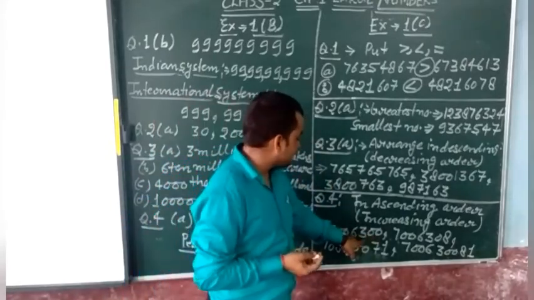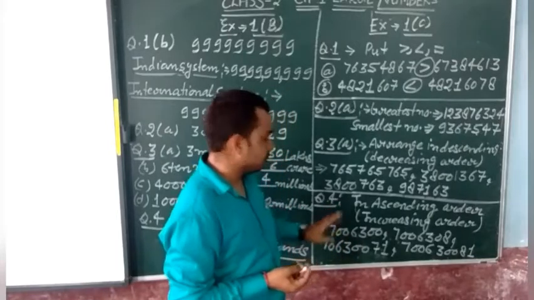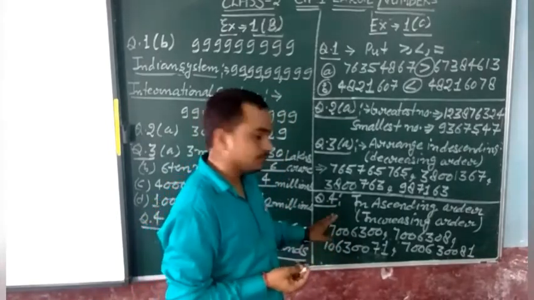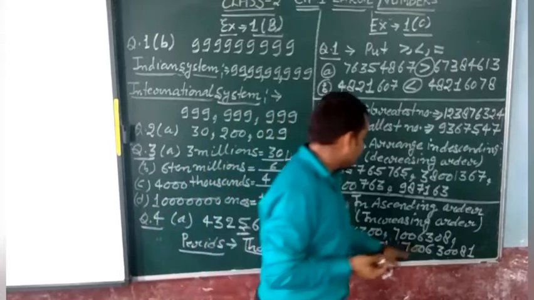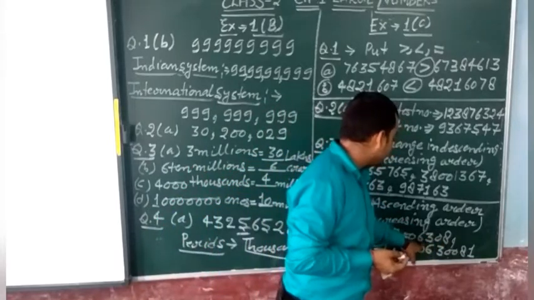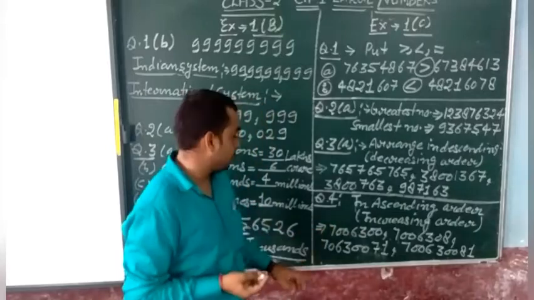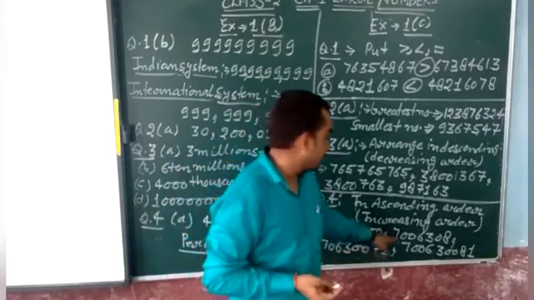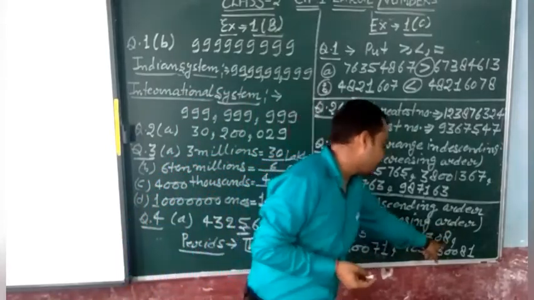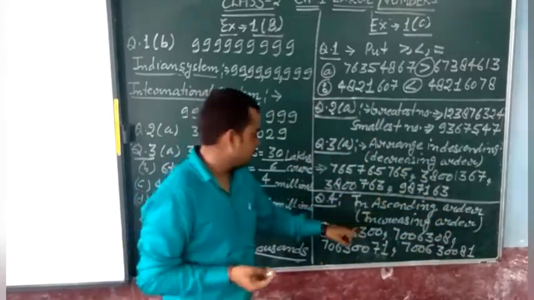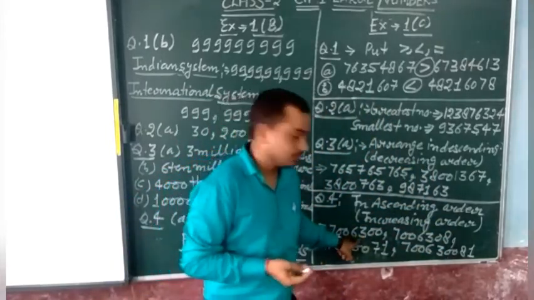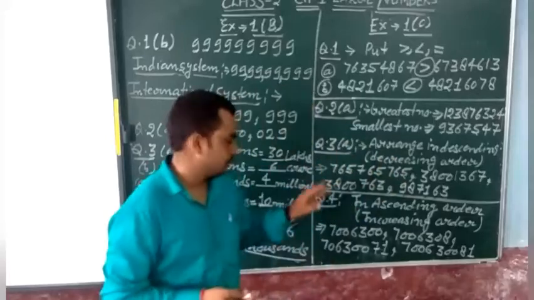So 1, 2, 3, 4, 5, 6, 7. Having 7 digits, so write first. Then 1, 2, 3, 4, 5, 6, 7. Both have 7 digits, but there is 300 and there is 308. So the right side 308 is smaller than that.